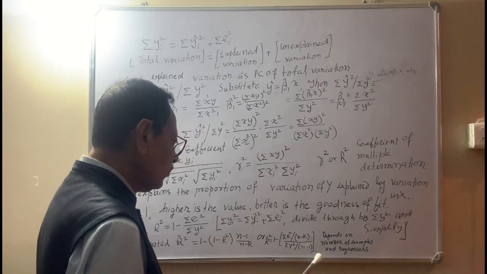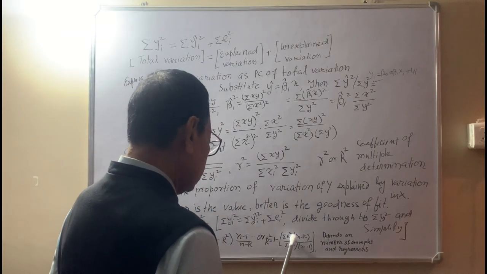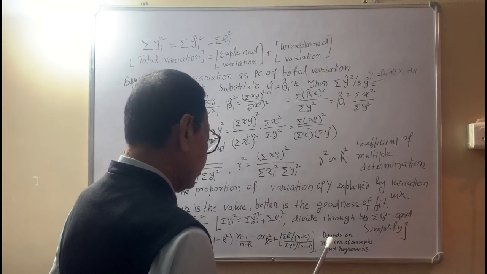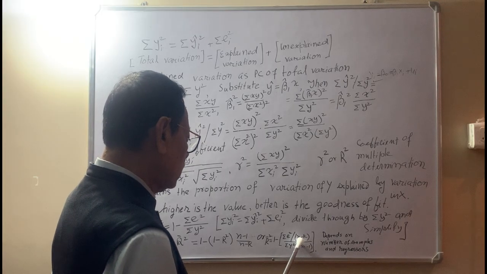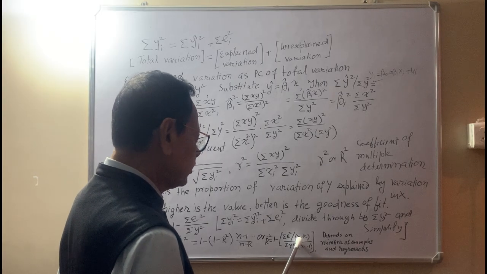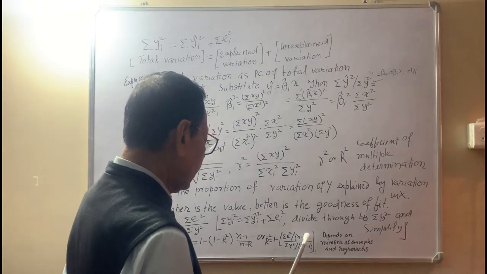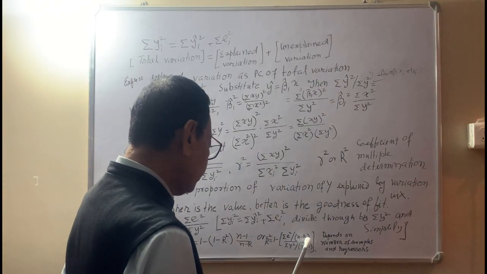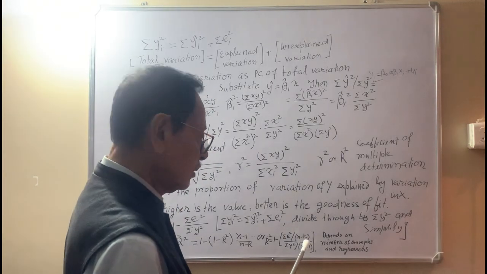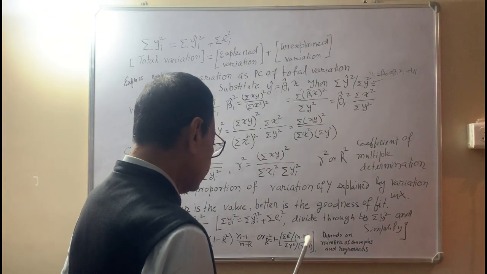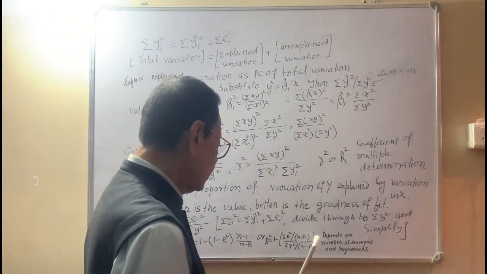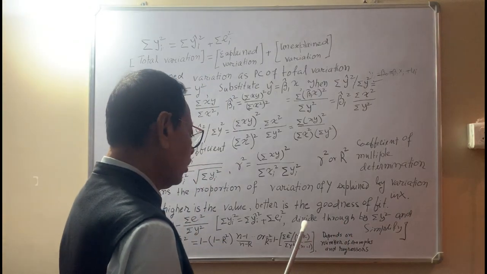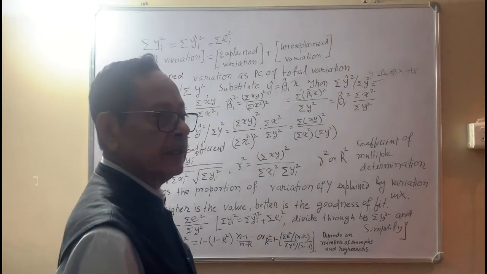So we can judge here, when the number of observations is very low or very high, what will be the ratio? Similarly, when the number of independent variables is higher or lower, what will be the ratios?